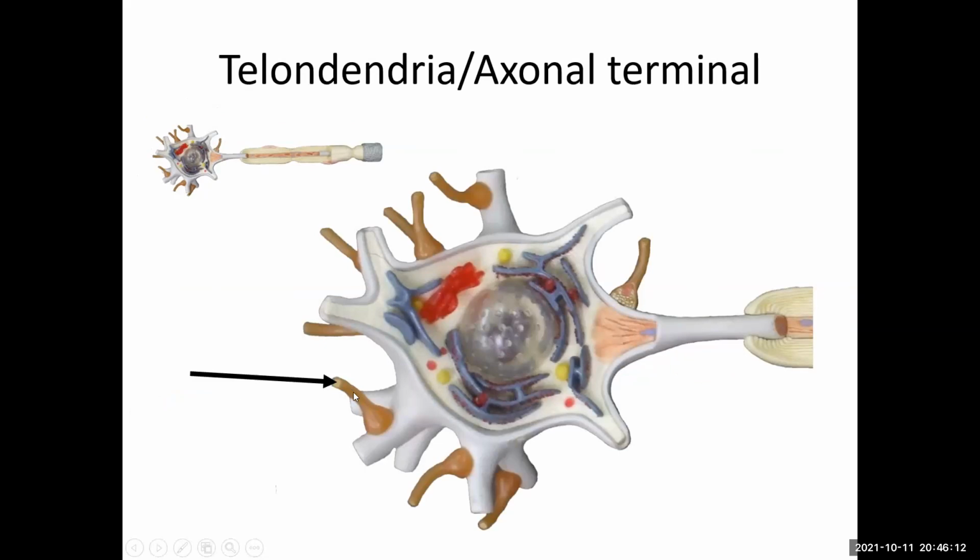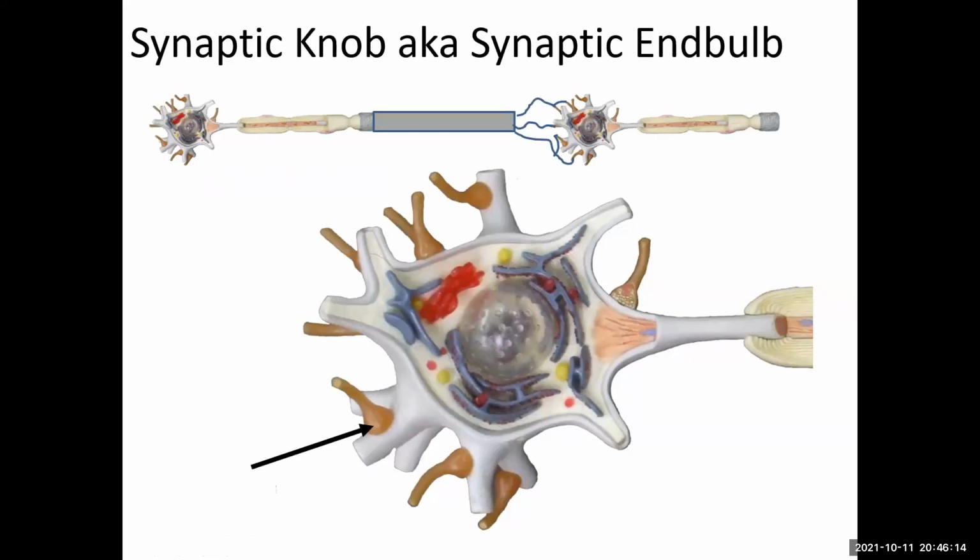At the end of the telodendra are those structures, the synaptic knob or the synaptic end knob. And that's going to be filled with the synaptic vesicles, and the synaptic vesicles will contain our neurotransmitter. And then our neurotransmitter will be released onto another neuron or an effector.